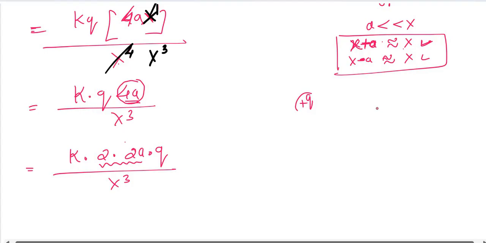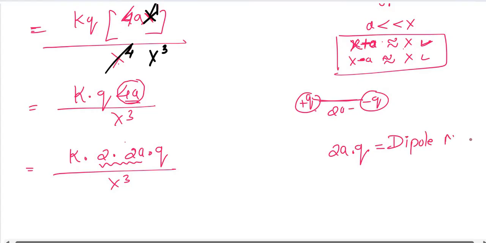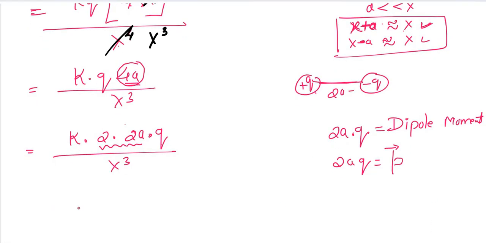For a dipole, plus q and minus q, separated by 2a, the product of 2a into q, the product of distance and q, what do we call it? This is called dipole moment. It's a very important quantity and its symbol is usually P. So I will use it here.